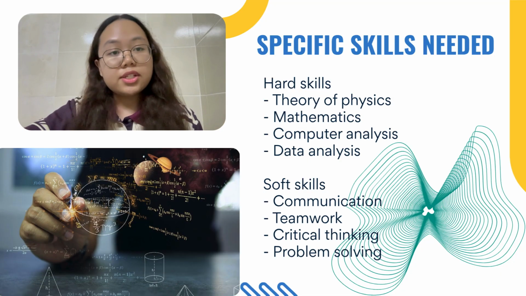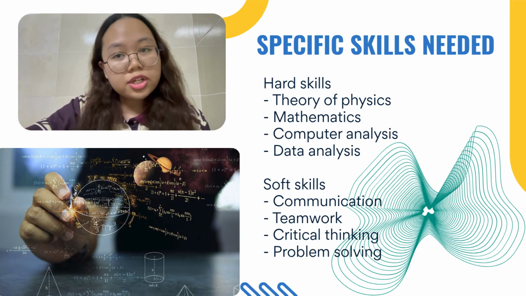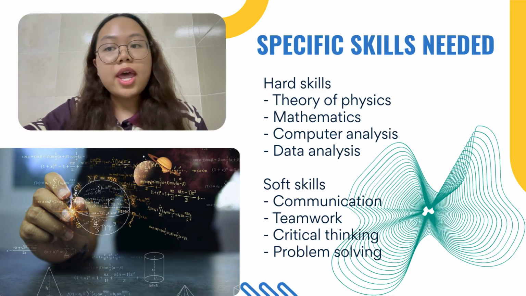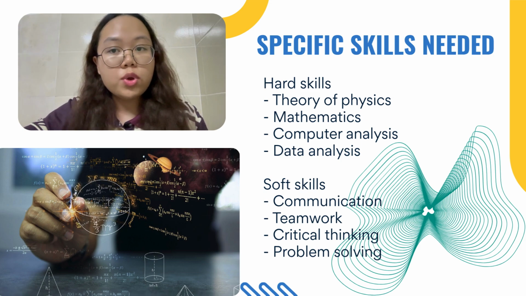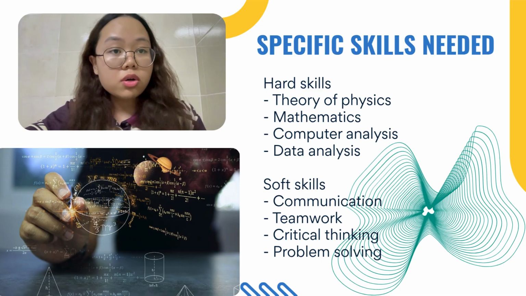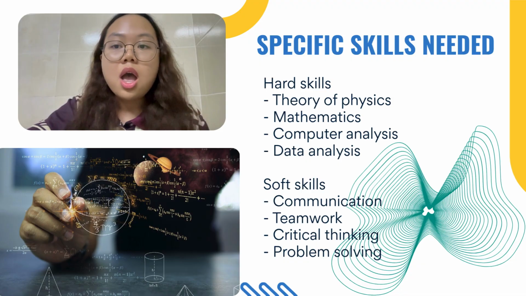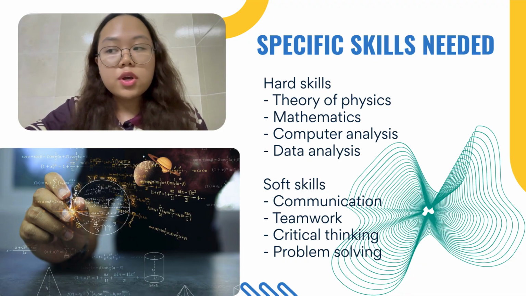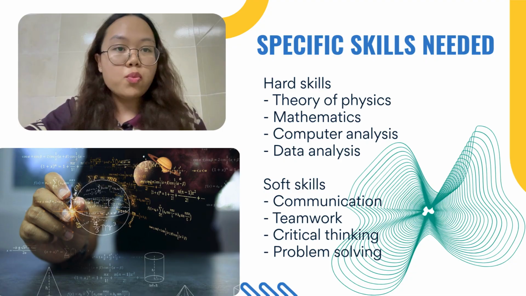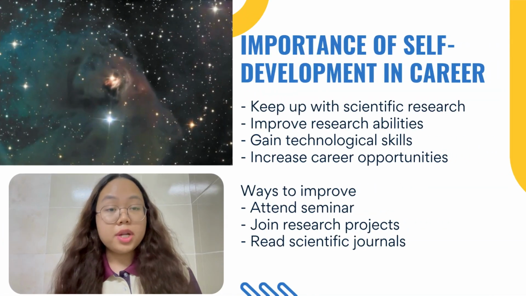Next is soft skills. Communication is one of the important parts that helps us to communicate with each other without misinterpreting others. Not to mention, teamwork also plays a crucial role to make sure the study is successful. Critical thinking and problem solving are also important skills that we all need. In a career, self-development is important.